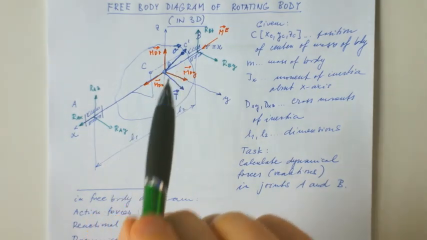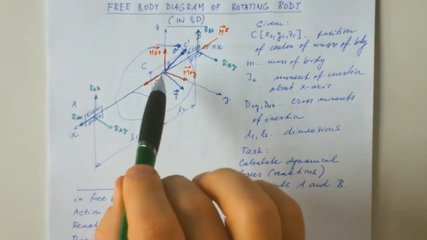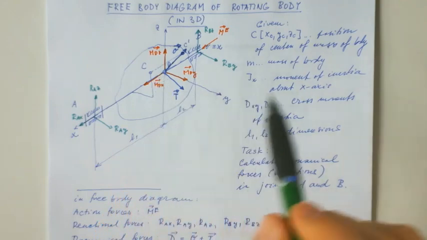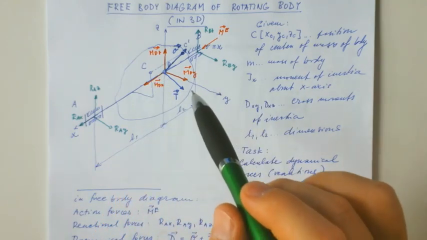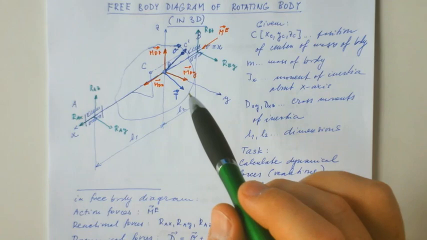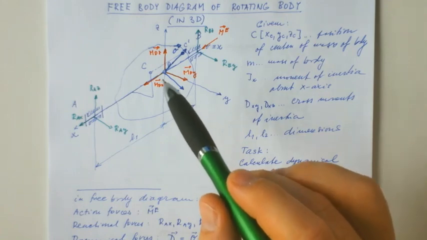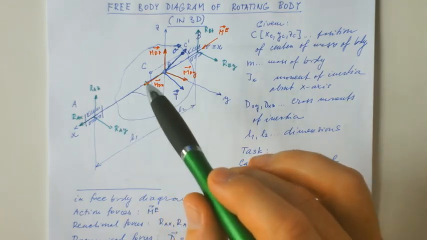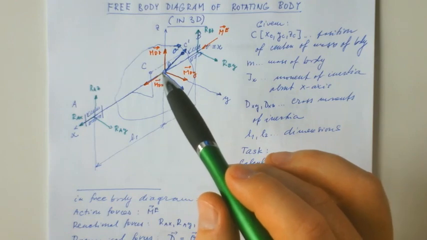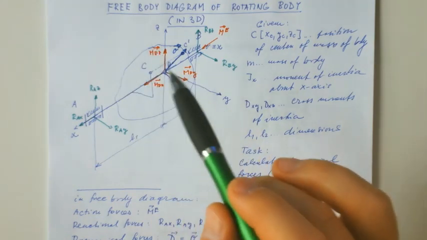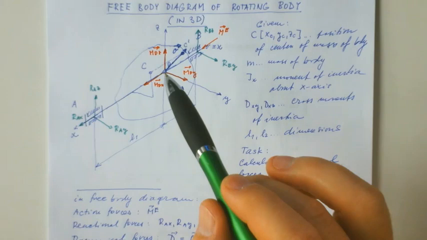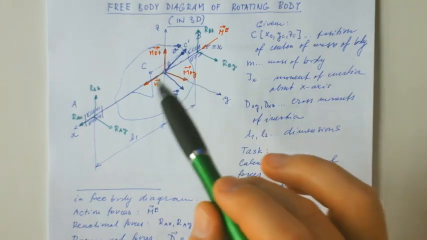And now I am going to say something very important. The most important property of solution, or feature of solution, is the coordinate system. If we have a body, we place somewhere the origin of the coordinate system with axes x, y, z.